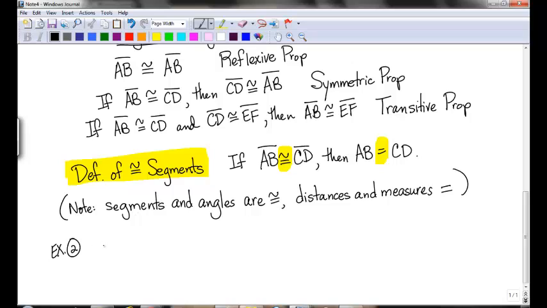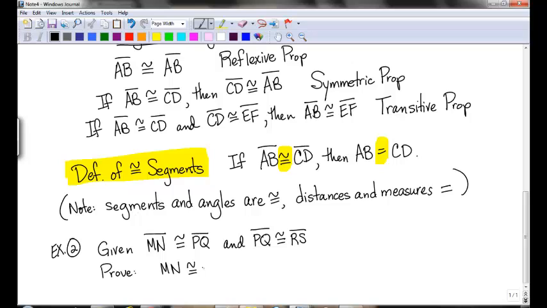Okay, say you're given segment MN is congruent to segment PQ, and PQ is congruent to RS. Segment lines above all those. Prove MN is congruent to RS, and those are segments also.